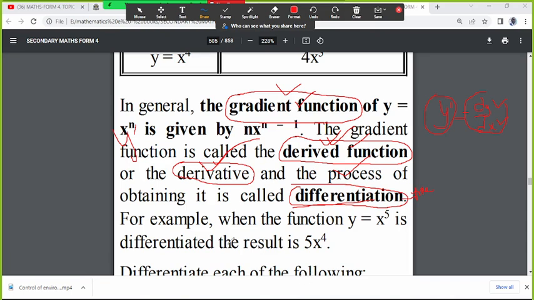This is the one we call differentiation. So y equal to x to the power 5 is differentiated to the result 5x to the power 4.